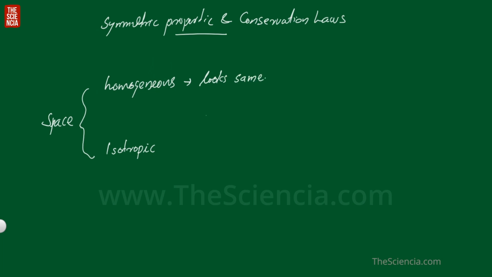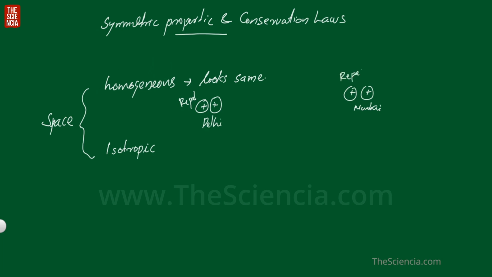Suppose I am doing an experiment. I am taking two positive charges and now I am in Delhi. You know the two positive charges will repel, right? And I am doing this experiment in Mumbai. Here also I am taking two positive charges, and these will repel.